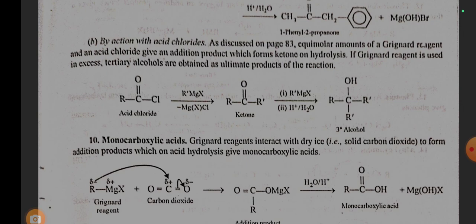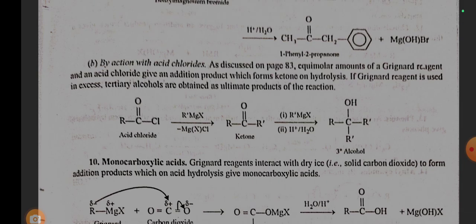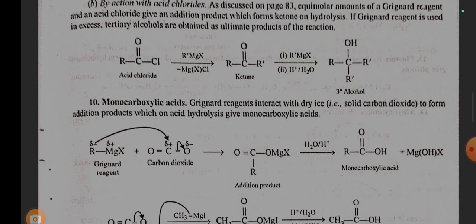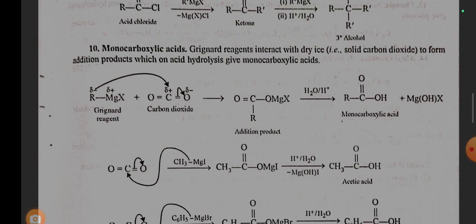B. By action with acid chlorides. As discussed, equimolar amounts of Grignard reagent and an acid chloride give an addition product which forms ketones on hydrolysis. If Grignard reagent is used in excess, tertiary alcohols are obtained as ultimate products of the reaction. Acid chloride gives ketone and then on hydrolysis it gives a 3rd-degree alcohol.